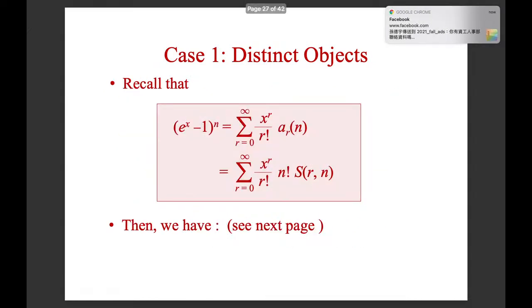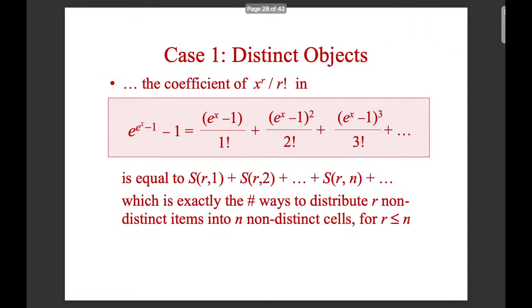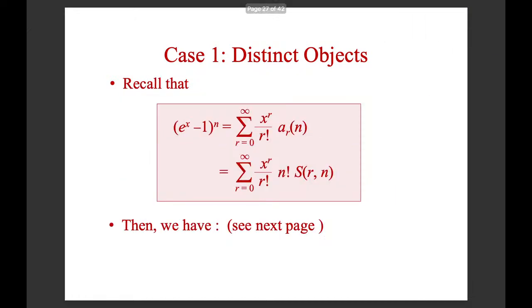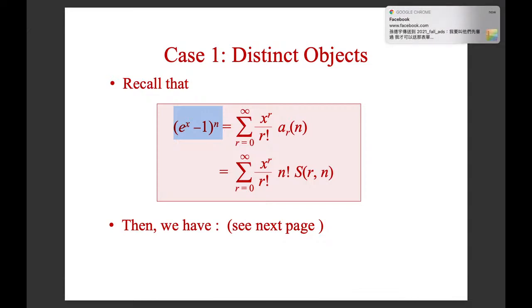Now, this is a simple recall of what we have just seen. (e to the power x minus 1) to the power n is the exponential generating function of distributing r distinct items into n distinct cells.